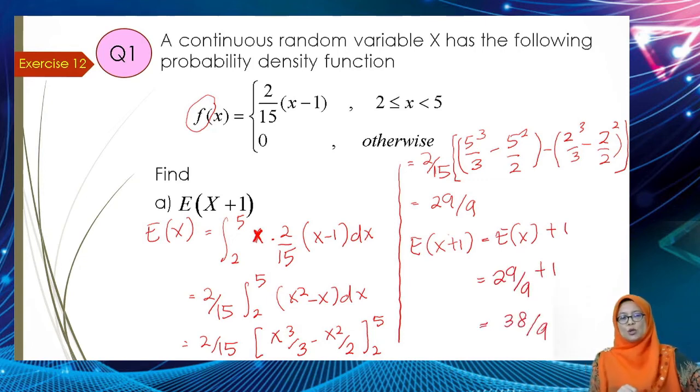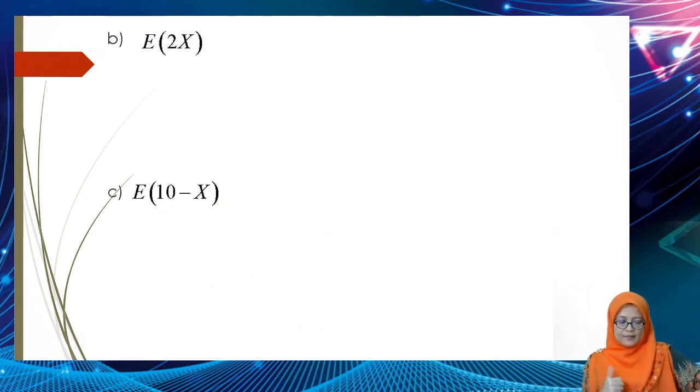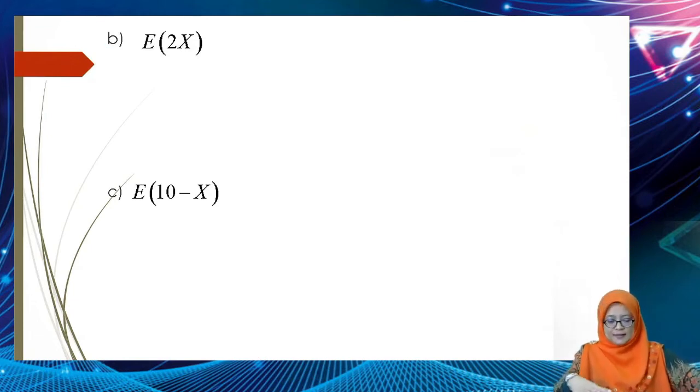So that is your expectation X plus 1 using properties. Okay, so bila dah ada expectation of X, nak cari expectation yang lain tu lagi senang lah. Apply properties yang macam kita dah apply untuk discrete.